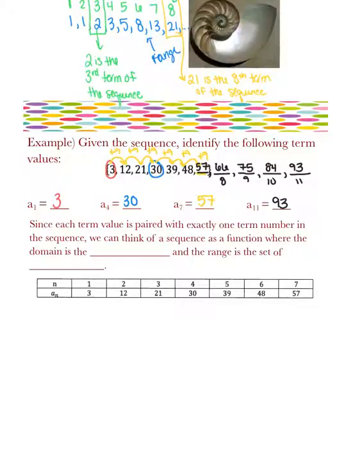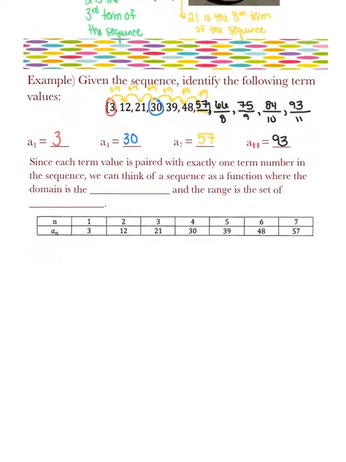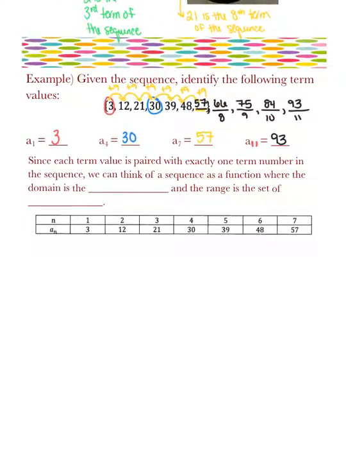So this notation right here, a sub a number, so 11 again, represents the 11th term. A is usually what I'm going to call a sequence, and we're going to do some specific notation here in a minute. So here it says, since each term value is paired with exactly one term number in the sequence, we can think of a sequence as a function like we defined it in the previous slide, where the domain is the term number.